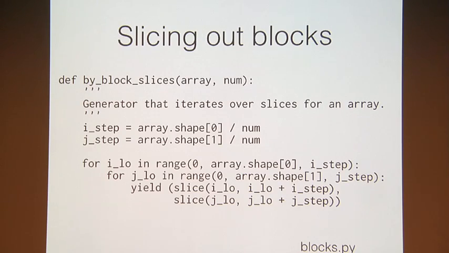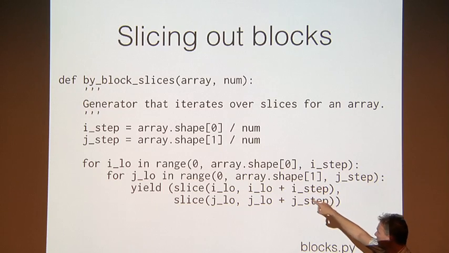So now, instead of passing entire objects, we're going to do shared memory. That'll be sort of some magic in this code. Instead of slicing out pieces of the array, we're just going to talk about the slices that we would have taken out.